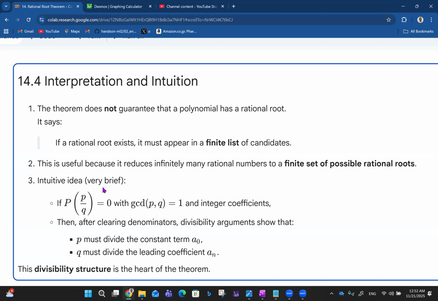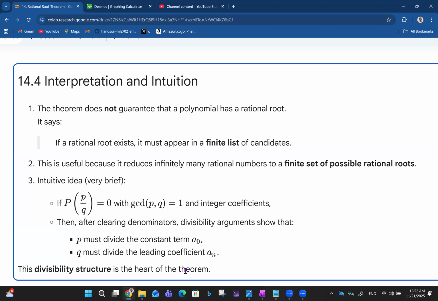So the intuitive idea, very brief, is that if P of P over Q is 0, that is, if you evaluate the polynomial using P over Q and you get 0, and the greatest common factor, GCF, of P and Q is 1, with integer coefficients, then after clearing denominators, divisibility arguments show that P must divide the constant term a naught, and Q must divide the leading coefficient a n.